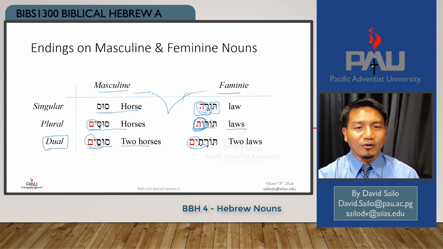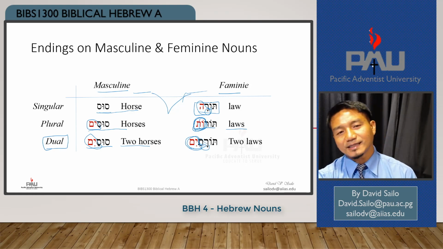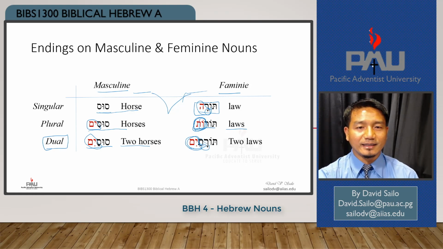But if you want to talk about only two feminine nouns, two laws, okay, then you're going to add toratayim. You'll see that the endings here are a little bit difficult, but then you'll get to know them. It's the final patach, hirek, yot, and hirek and mem sofit that we want to look at.